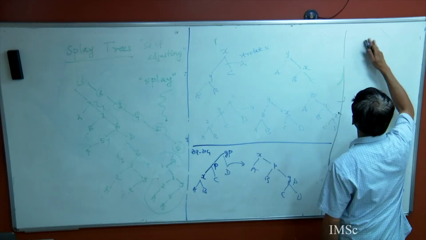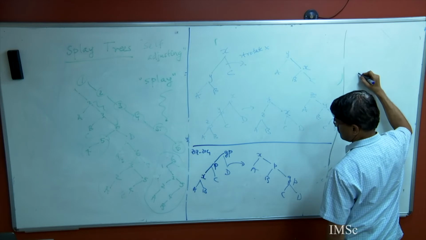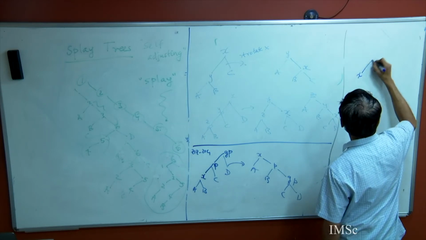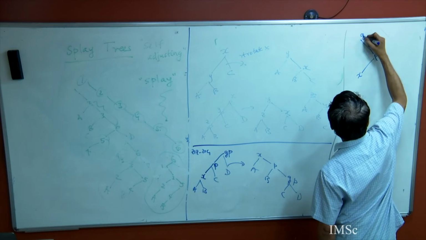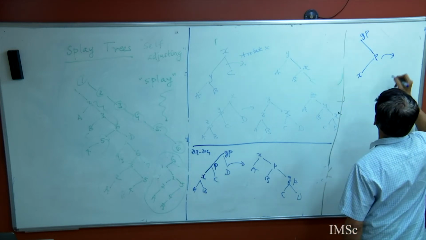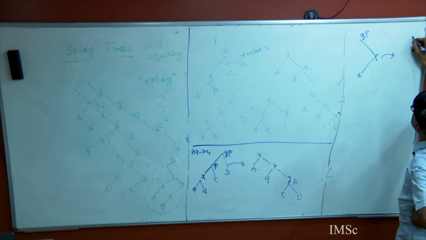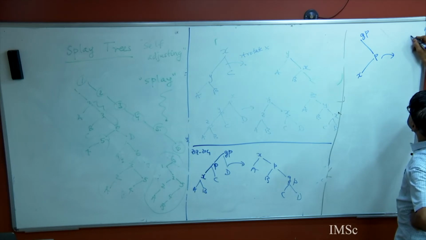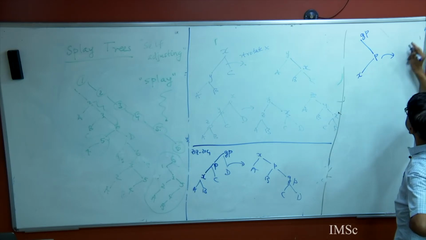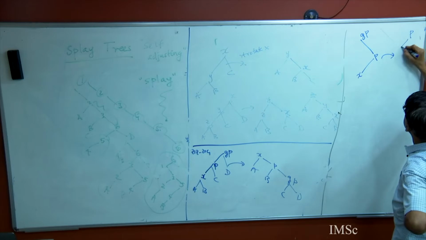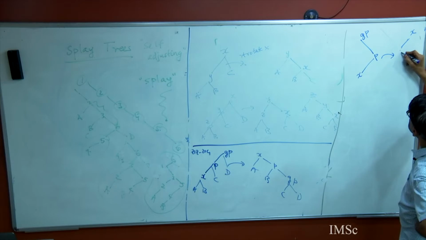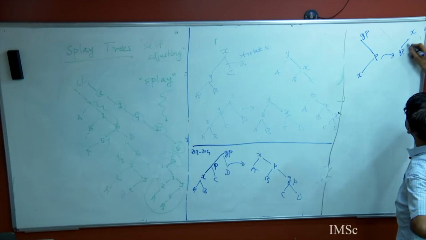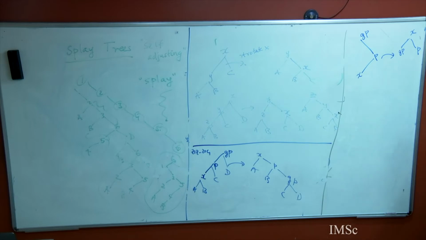If your X, parent, and grandparent are looking like this, then the rotation being suggested is, X is smaller than P, so I should put, no. We will do this.